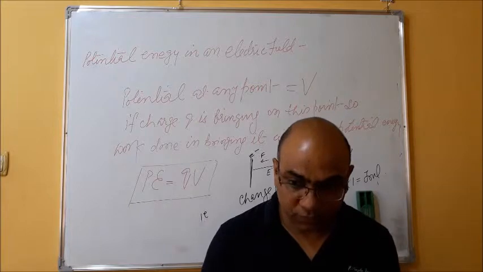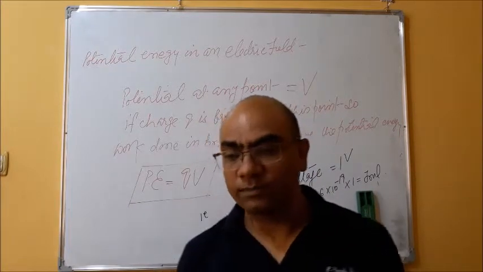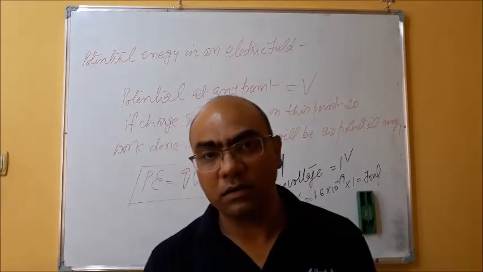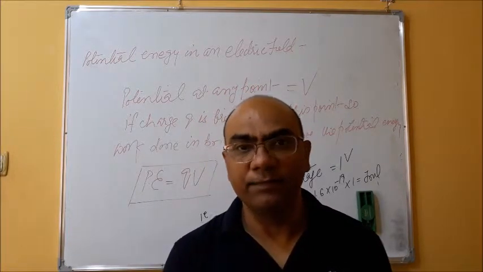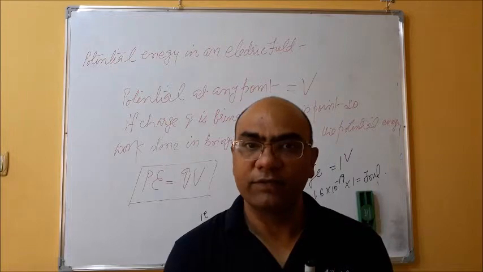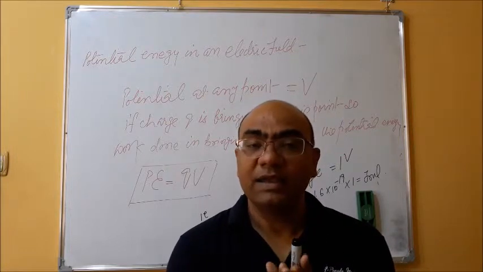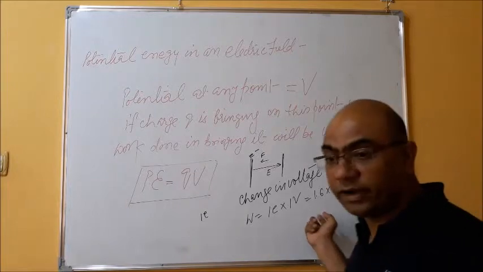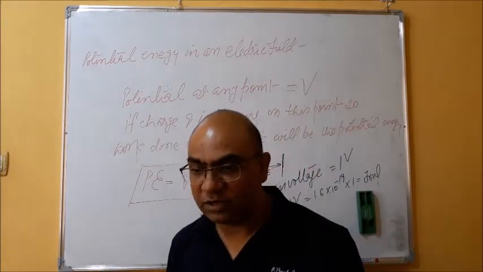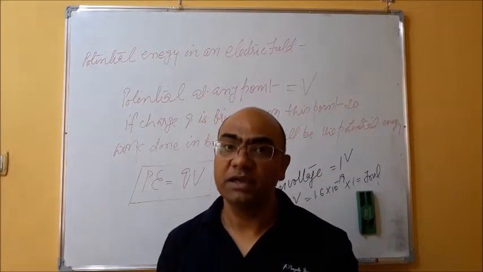So when an electron comes in an electric field, due to this electric field, it will get a potential, right? And due to this potential, it will gain some energy.